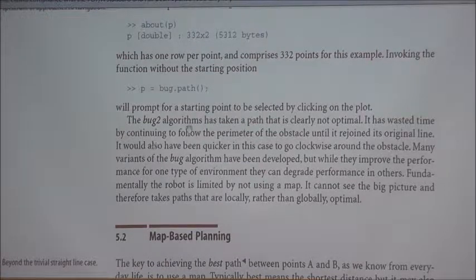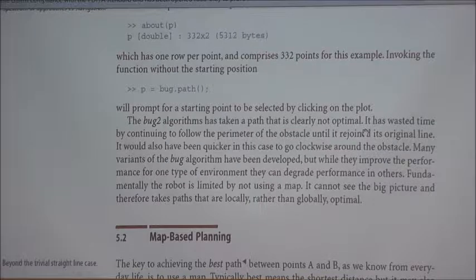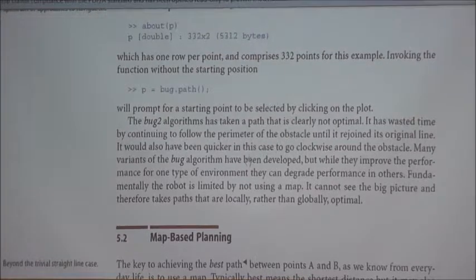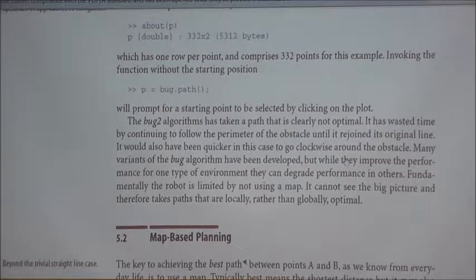Okay. And then Bug-2 algorithm has taken a path that is clearly not optimal. As we said, it has wasted time by continuing to follow the perimeter of the obstacle until it rejoined its original line. It would also have been quicker in this case to go clockwise. As I said before, you could go the other way.